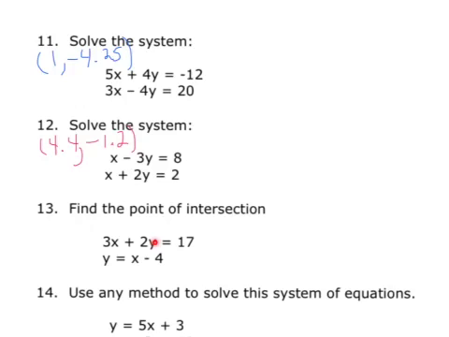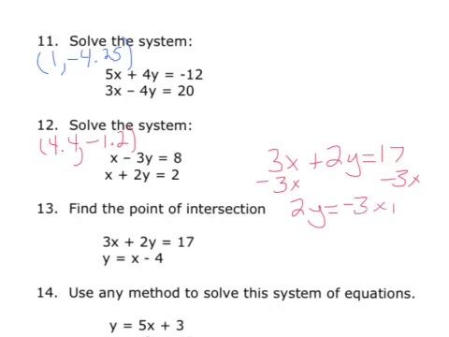But we're just going to put this one into y equals as well. So we're going to take this top equation and change it to slope-intercept form, or y equals. Okay, we'll move the x's. Divide everything by 2.